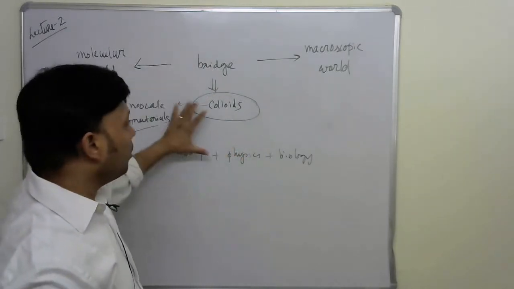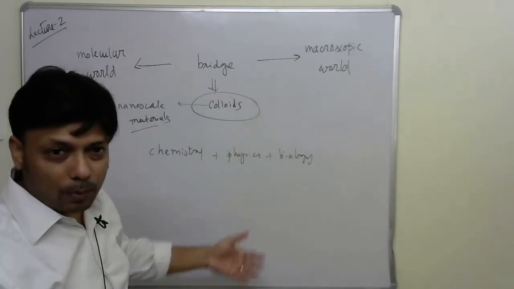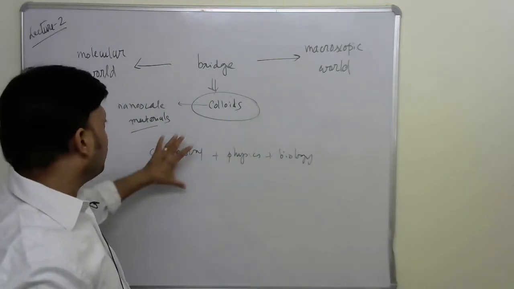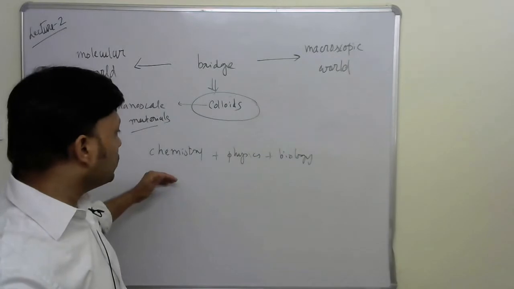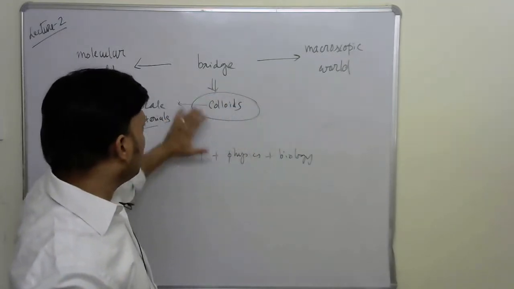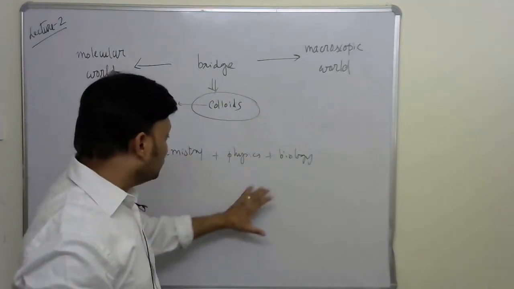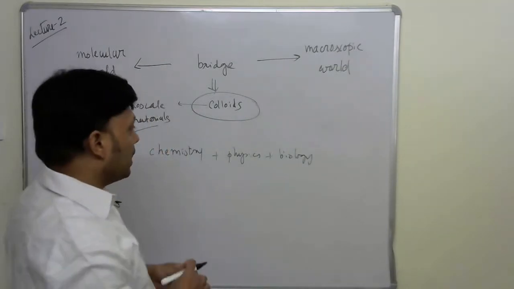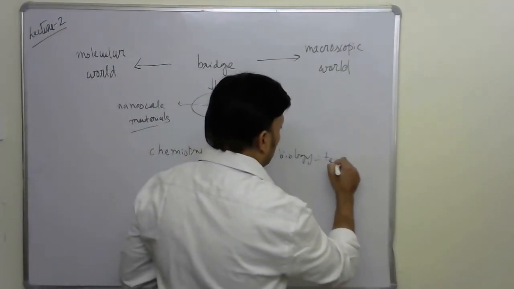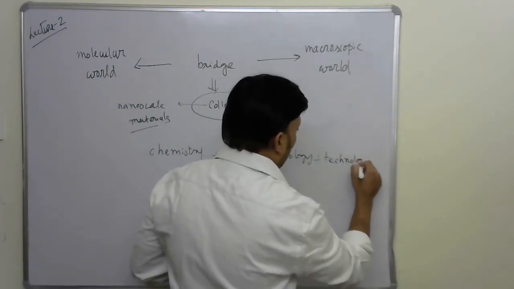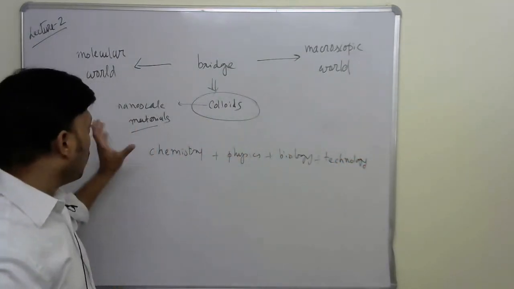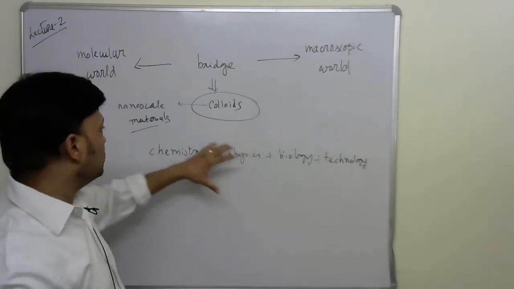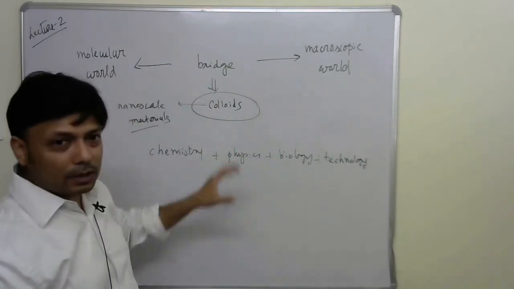So any colloidal material is ready to interact with those biological entities. And to make colloidal materials, you need knowledge of chemistry to make them stabilized and to characterize those colloids. You need significant knowledge of physics and also technology because it covers the nanoscale materials. That means any knowledge of nanotechnology is basically based on colloidal science.